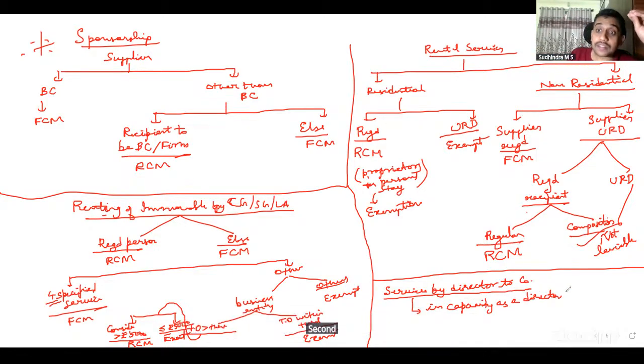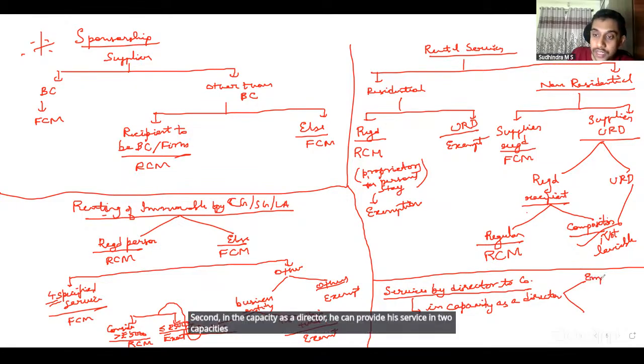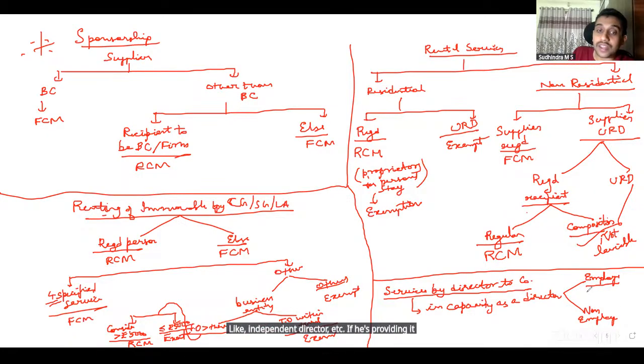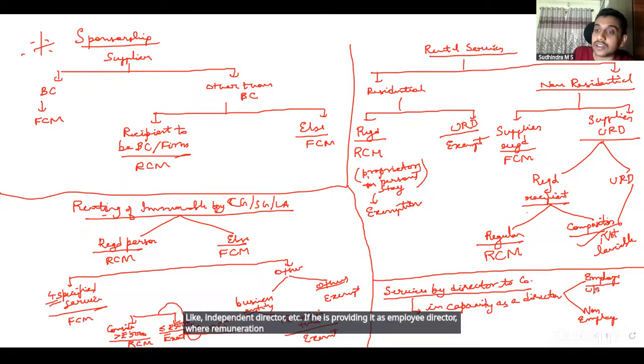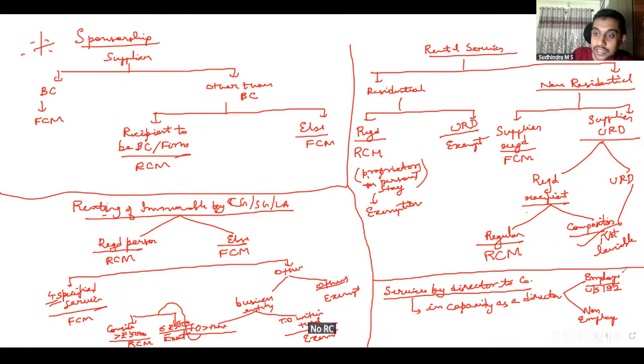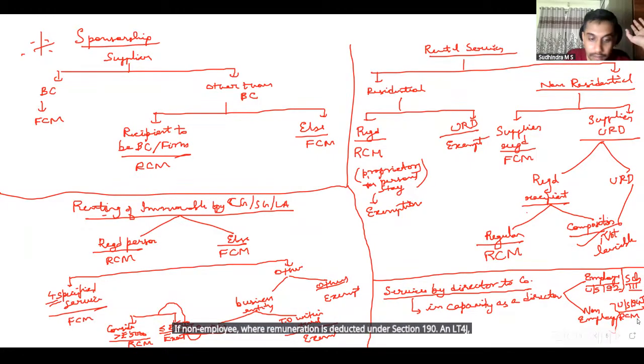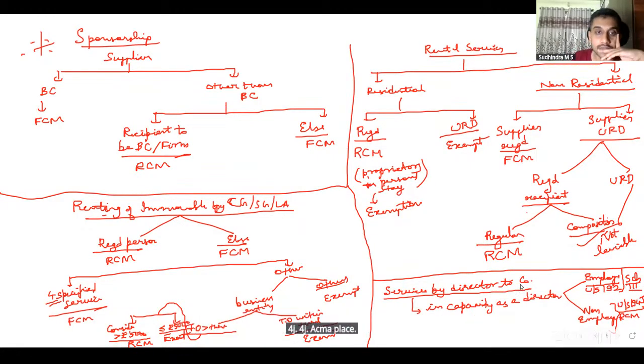In the capacity as a director, he can provide service in two capacities: as an employee director, or as a non-employee director like an independent director. If as an employee director where remuneration is paid and TDS is deducted under section 192, no RCM, Schedule 3. If non-employee where remuneration is deducted under section 194J, then RCM applies. Understanding?